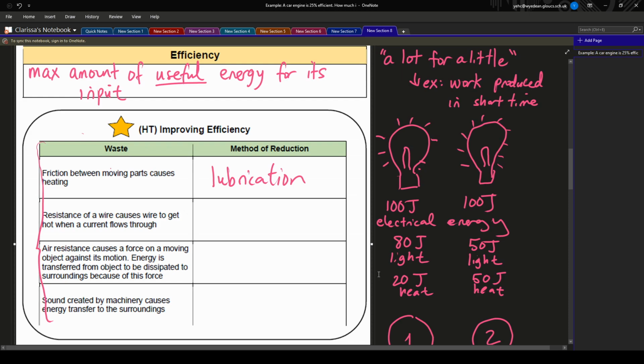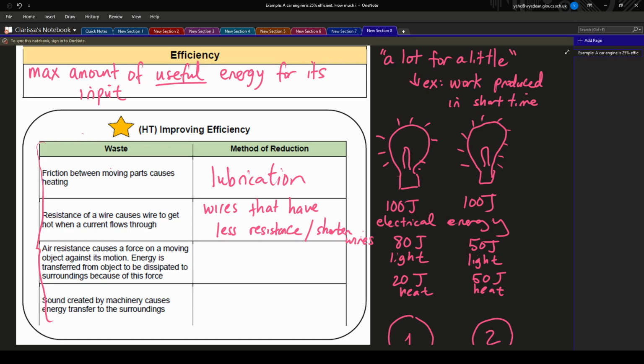There are some options. We can have wires that have less resistance, or we can shorten wires. So if it can't be helped and we have to use that piece of wire, let's try to make it as short as possible, so there's less heat loss due to resistance in a wire.